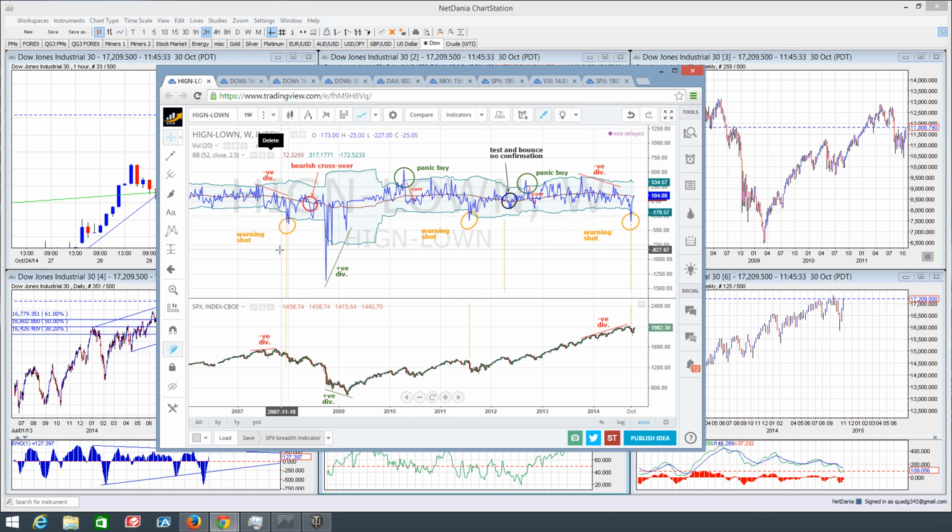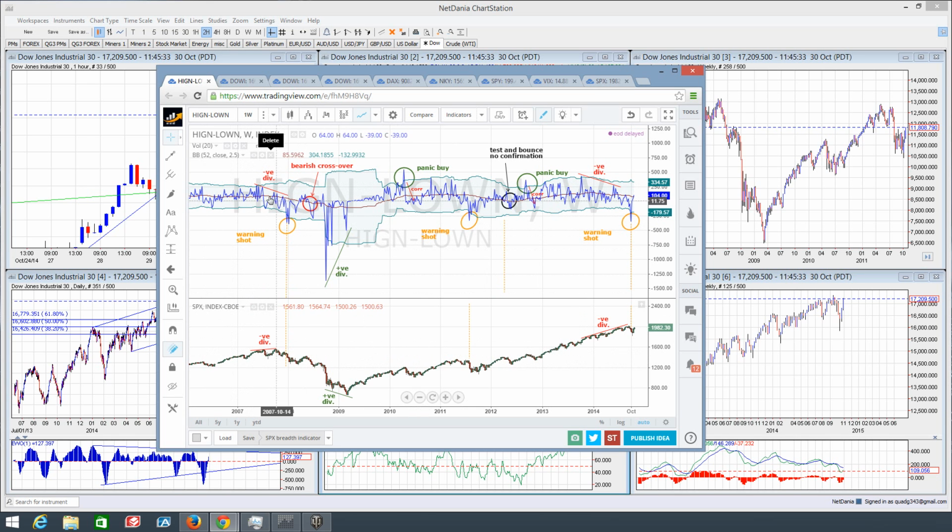If we go back here to the 2007 top, this is the SPX, the S&P 500 index. You can see that the SPX was moving up in price, but the breadth of the market, the number of new highs versus new 52-week lows, was dwindling.